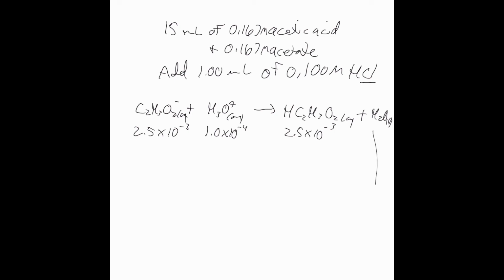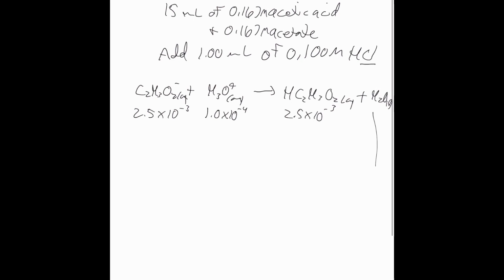Now I've plugged in the initial moles. So 15 milliliters converted to liters times 0.167 gives us 2.5 times 10 to the minus 3 moles of each of those two. And then 1 milliliter times 0.1 converted to liters, you get 1 times 10 to the minus 4 moles of H3O plus. So clearly the limiting reactant is our H3O plus, so we're left with 0 excess strong acid, which is good.